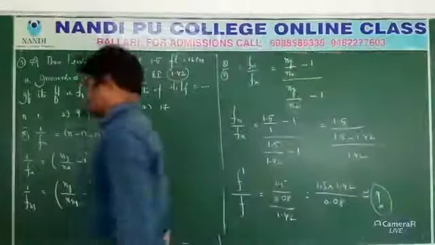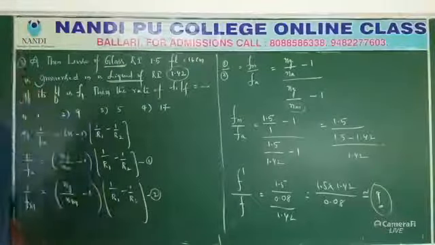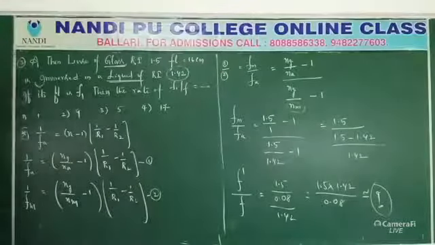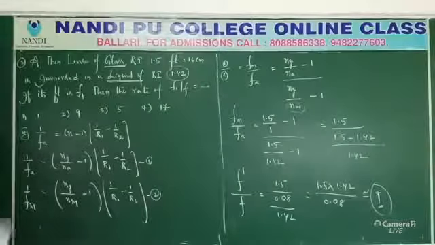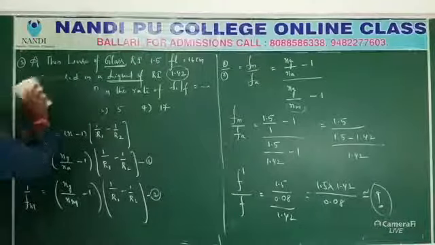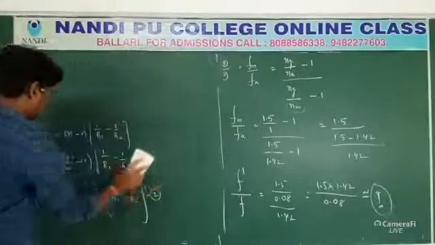So this is the idea about the question related to lens maker's formula. We will see one more model question with the help of the same formula. The question is about this application only.